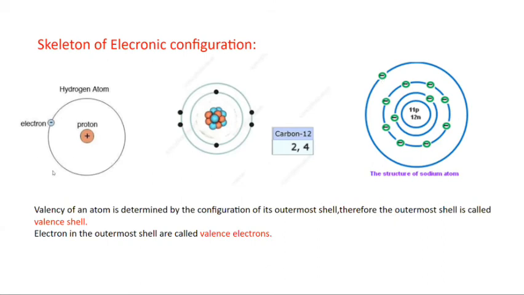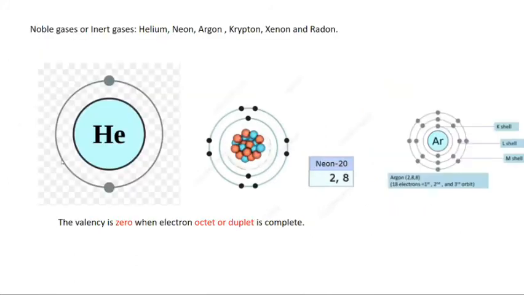Here you can see for the hydrogen atom it has only 1 shell in which an electron is present, and it is only 1 electron. So this is outermost for the hydrogen atom. So what is the valency of the hydrogen atom? 1.